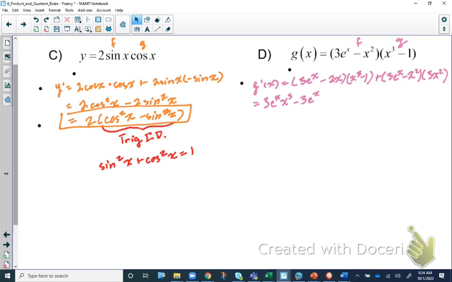And next I'll get a negative 2x to the fourth power, and plus a 2x, and distributing the 3x squared in will give me a positive 9e to the x power times x squared minus, and in this case we'll have a 3x squared.